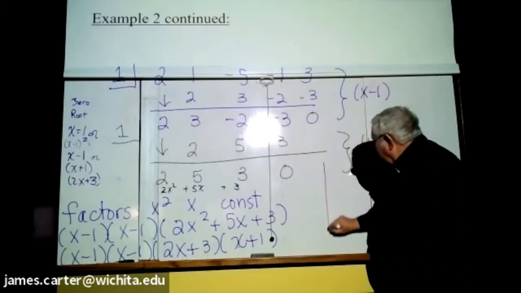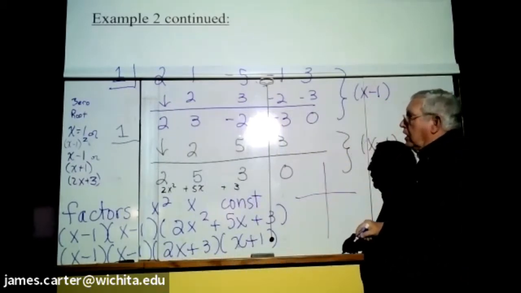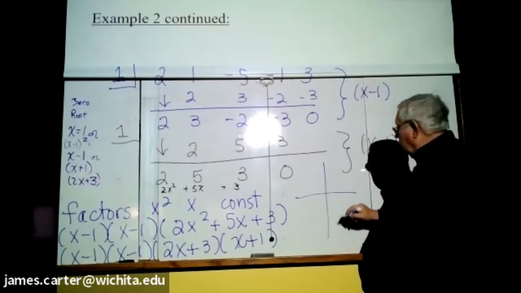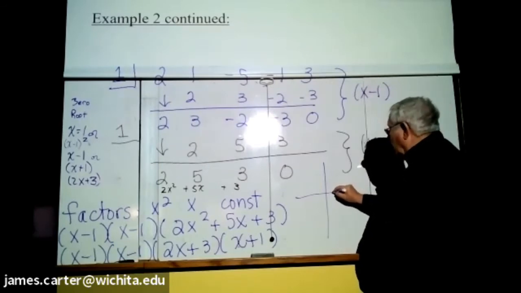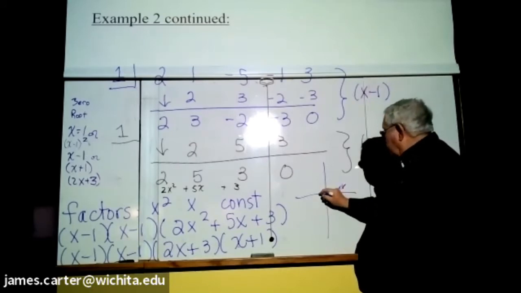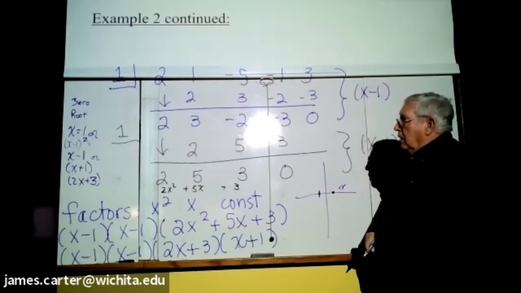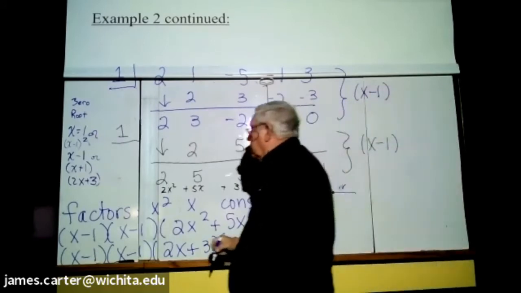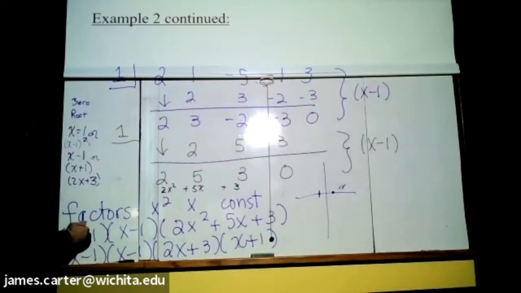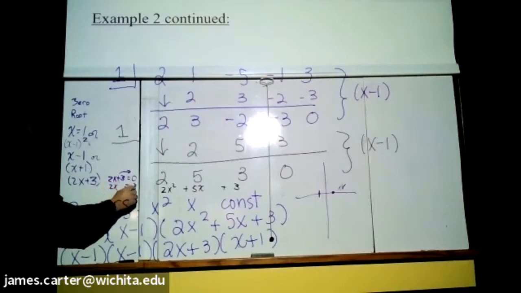Now let's go back to our graphing the other day. We've got x equals 1 right here. We know that it's a touch and go. We've got x minus 1 right here. We know it's a crossing. We've got 2x plus 3, but we've got to simplify it. So 2x plus 3 equals 0. Take the 3 over. 2x equals -3.